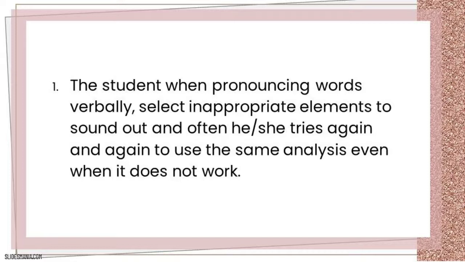For instance, there is a child who is starting to learn three-letter words and then you ask him or her to read the word rainbow. So since the word rainbow is new to that child, he or she will try to read that word even if that child doesn't know the right pronunciation for it. So meaning to say, the child has insufficient competence in visual analysis as he or she cannot recognize the word as well as pronounce it correctly.